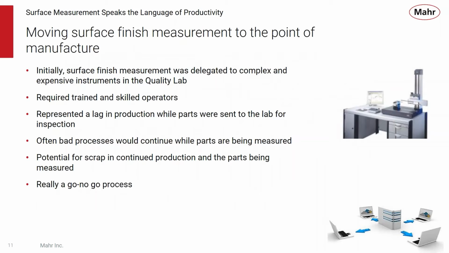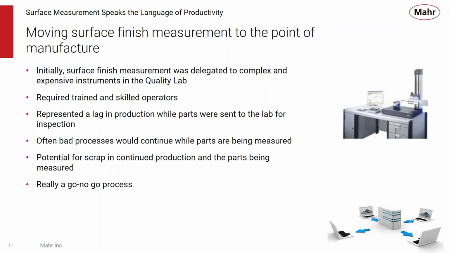Now, what's happened in the past 20, 25 years or so? We're starting to move surface finish measurement to the point of manufacture. Historically, surface finish measurement was delegated to complex and expensive instruments in the quality lab. And these instruments required trained and skilled operators.